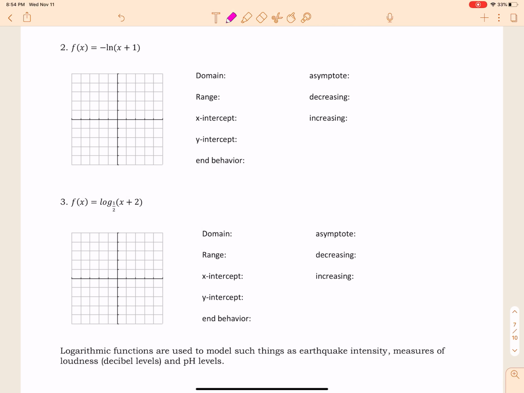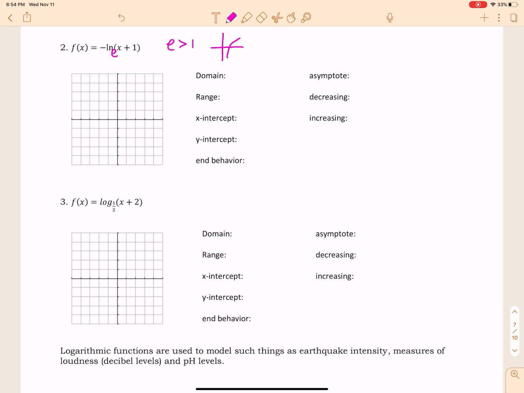All right, this is natural log. So again, we need to identify the base in order to determine what the parent would look like, if it's increasing or decreasing. If you will remember, ln is in the base of e, and e is the Euler number, which is approximately 2.718. So since e is greater than 1, we have a situation where we are increasing.